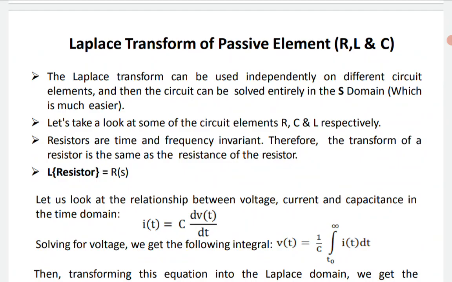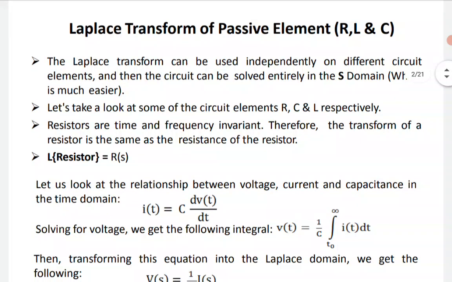The Laplace transform can be used independently on different circuit elements, and then the circuit can be solved entirely in the S domain, which is much easier. Obviously, it consists of, again I am repeating, sigma plus j omega, where j is equal to root under minus 1, that is a complex quantity.